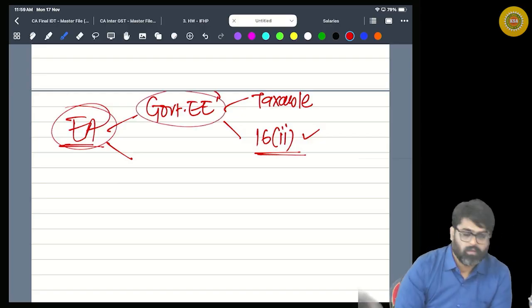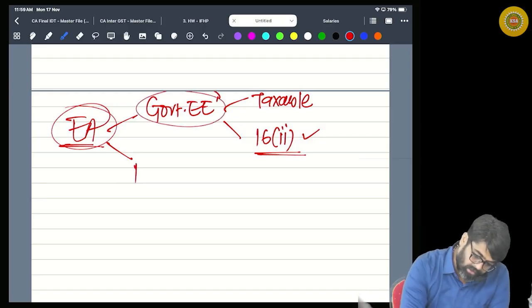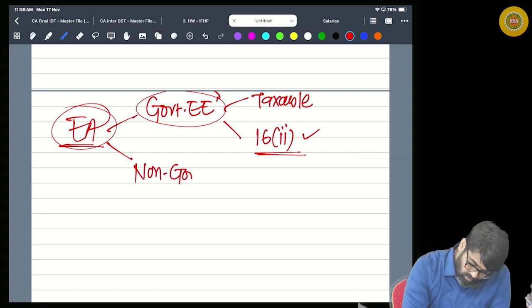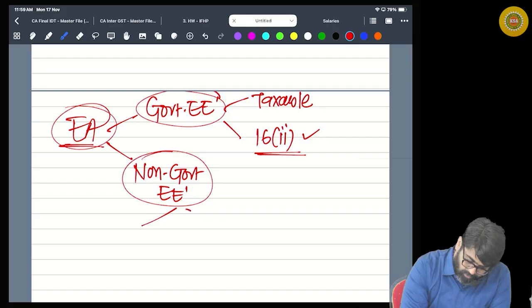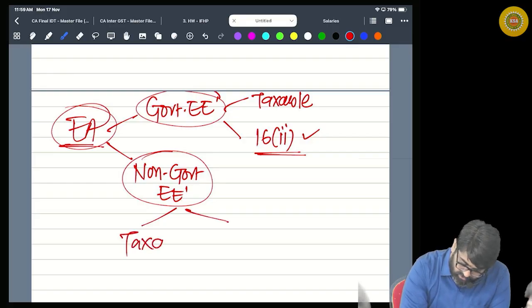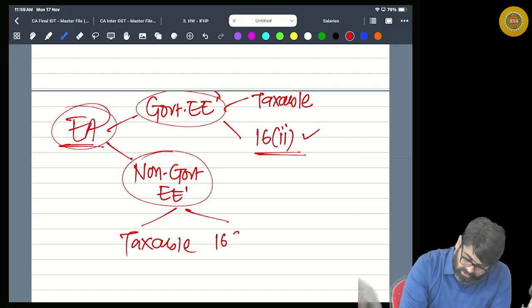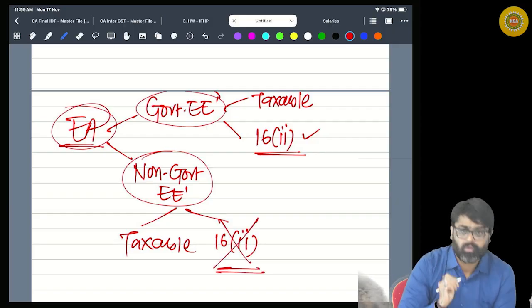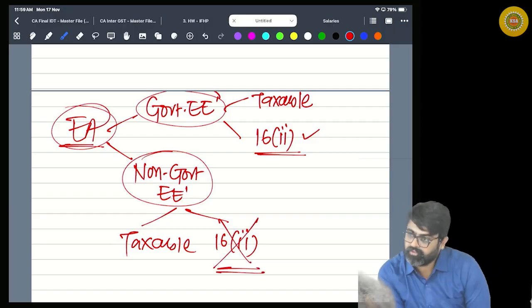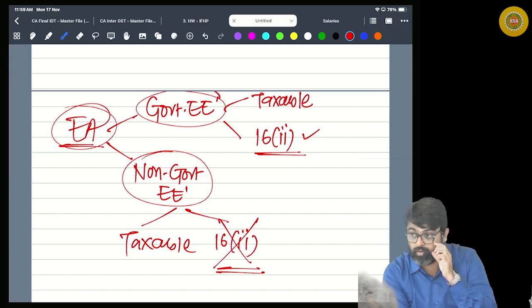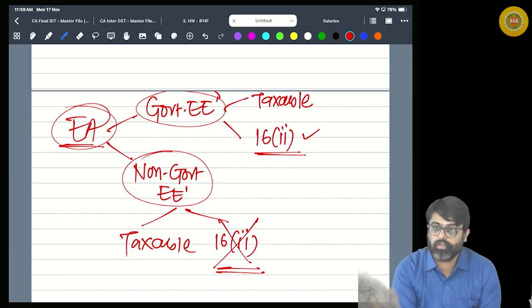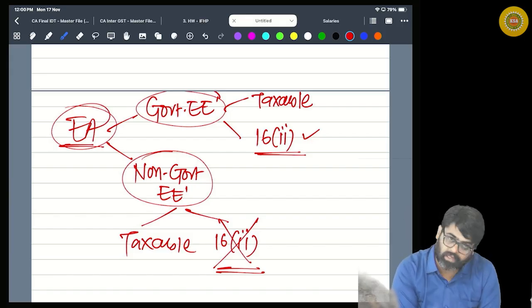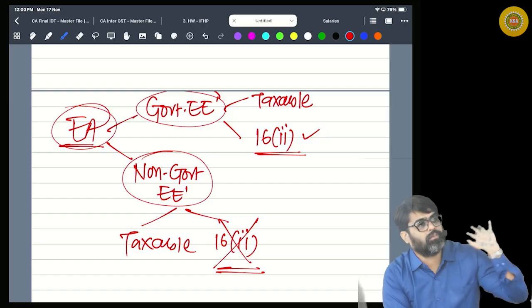And if the entertainment allowance is received by a non-government employee, then it will be taxable, but the deduction under section 16 clause 2 will not be available to a non-government employee. So first you will have to see what type of employee you are. Are you a government employee? Yes. Receiving entertainment allowance? Yes. First effect, taxable as your salary.